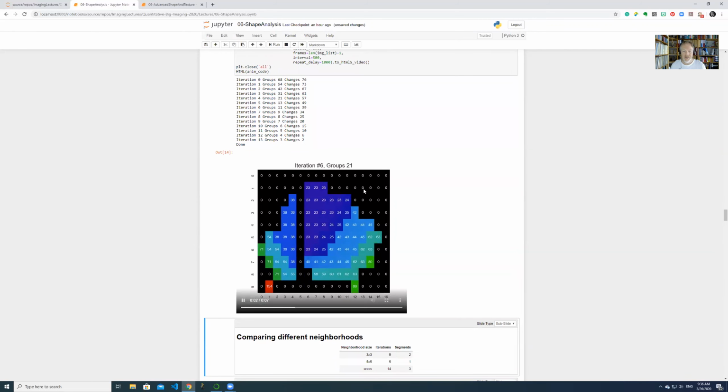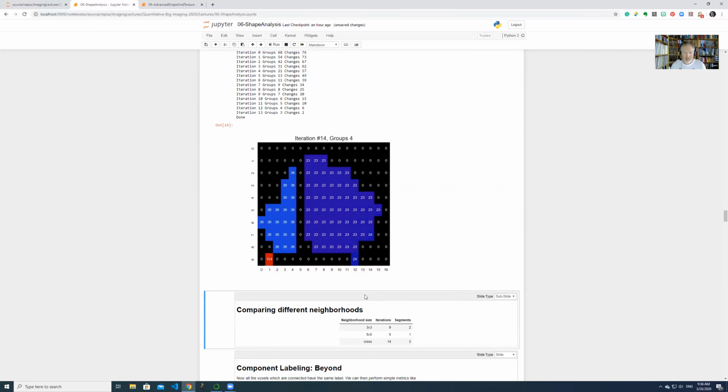And now when it propagates, you can see that we actually end up in 3 different objects. Because if you put a cross here, you wouldn't be able to see this corner object. So that one gets its own label. Let's go back to the slides again.